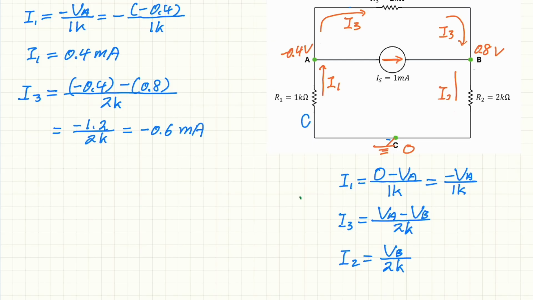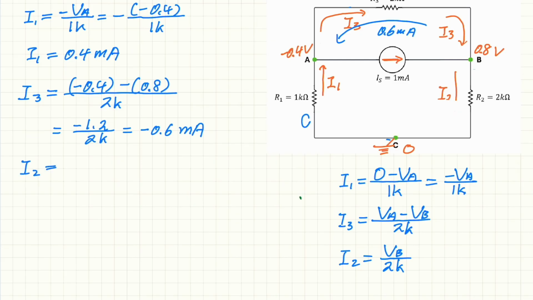So the direction of I3 is actually reversed. It means in reality, because we assumed I3 flows from A to B, but we get a negative value, it actually flows from B to A. So this is 0.6 milliamp from B to A.